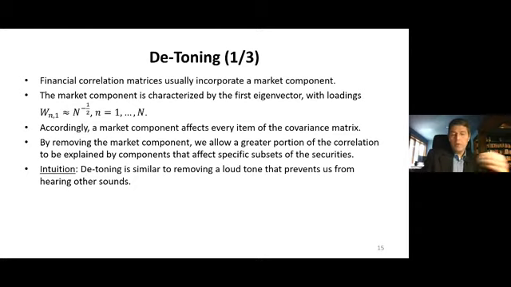Otherwise, when you cluster a covariance matrix without detoning, everything is dominated by a single cluster, right? The market cluster. Once you remove the market cluster, now you allow the clustering algorithm to pay attention to other sources of mutual information, like sectors, industries, etc.